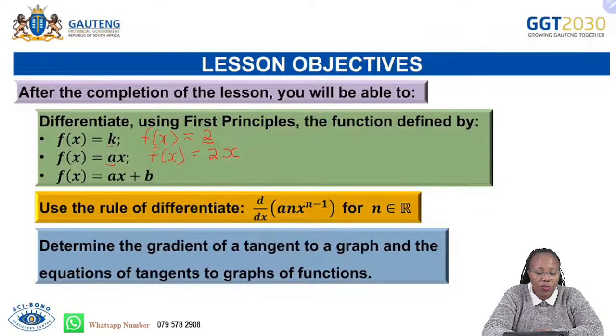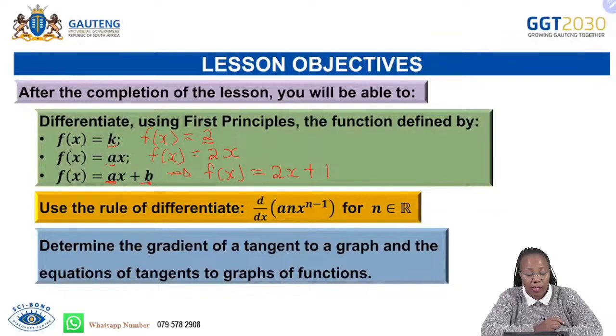Also from the first one, this k can be any constant number. Okay, and then thirdly, if we are given f(x) equal to ax plus b, for an example, what do we mean about this one? It's when we are given f(x) being equal to maybe 2x plus a number added to that one. That means the a and b here are representing numbers, okay?